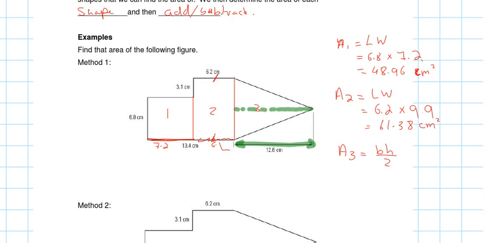It's at 9.9. So my base is 9.9 times the height, which is 12.6, and divide that by 2. And that should be 62.37 centimeter squared. I found the area of each section. Now I just have to add them all together to give me the total area.